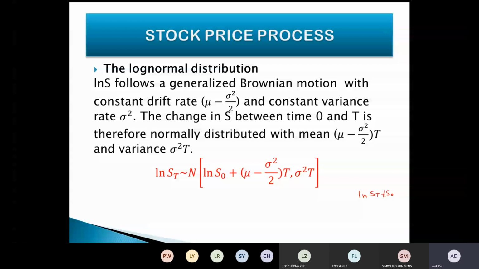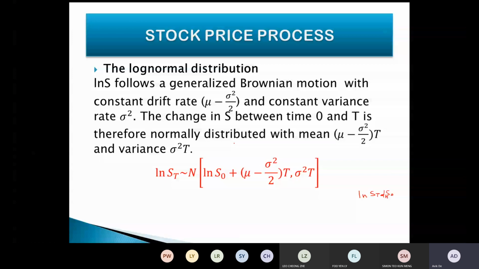This one is something like a normal distribution with mean (mu minus sigma square by 2)T and variance sigma square T. That's why we call S_T log normal distributed.